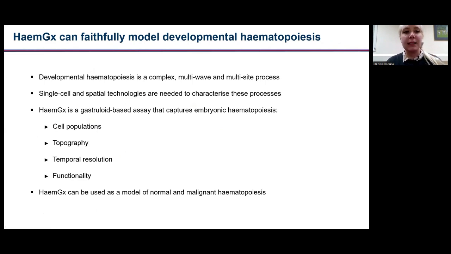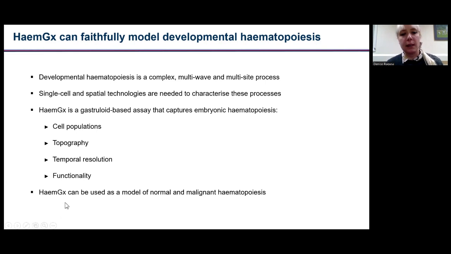And really, the 3D reconstruction and single cell resolution is truly needed to understand how these processes work. And our model, the hemogenic gastruloids, is able to capture the cell populations, the topography, the temporal resolution, and even the functionality of the cells that go from the very early stages of embryonic hematopoiesis to the emergence of pre-HSCs.